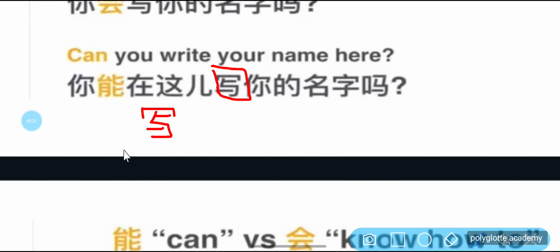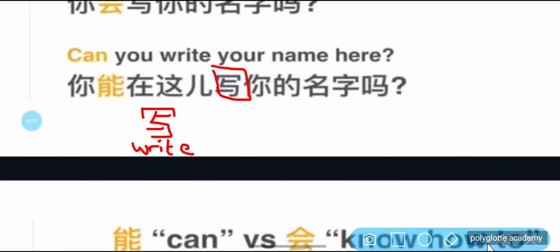This character here means to write. You're writing. So the character here means to write.